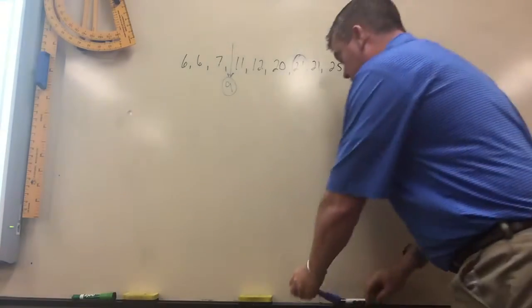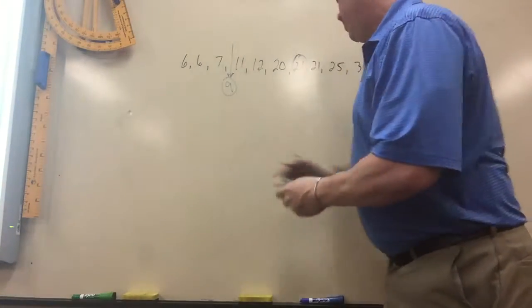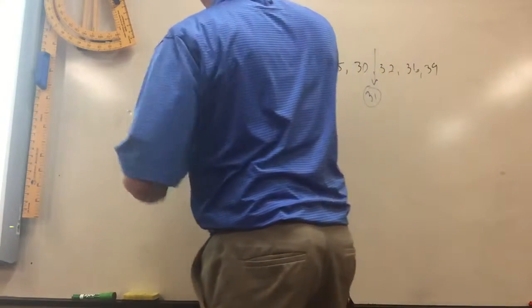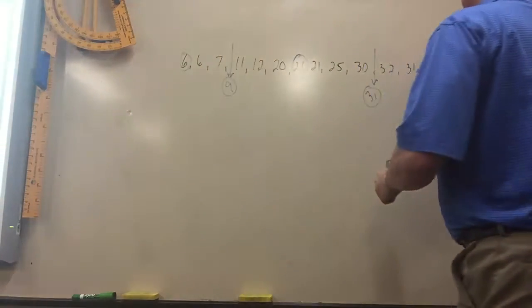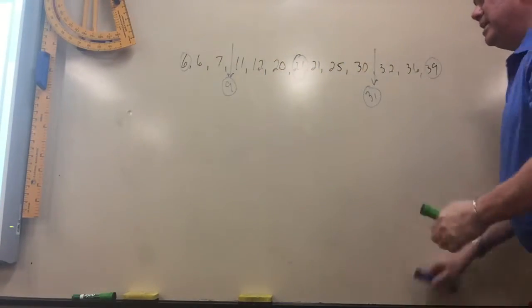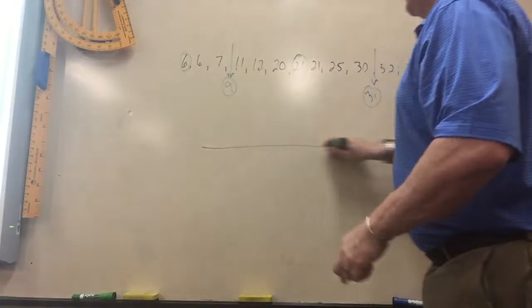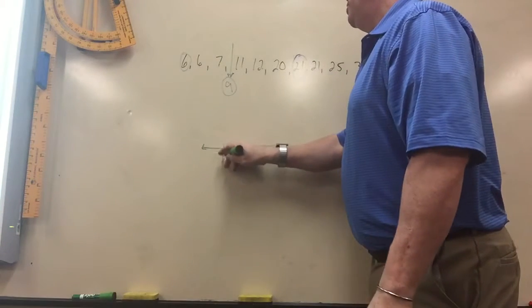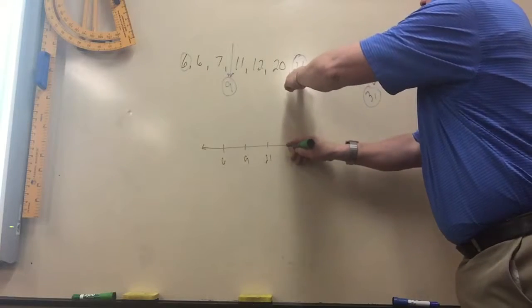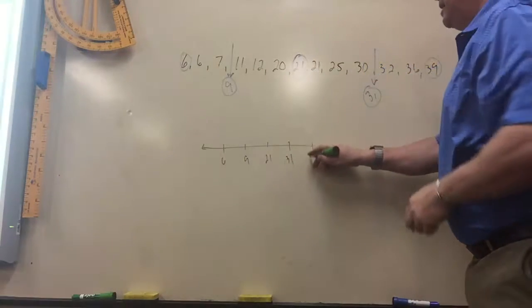So here's what some people do wrong. This is the smallest. This is the biggest. So you need these 5 points on a graph. This is what people will do. They'll put a 6, a 9, a 21, a 31, and a 39.